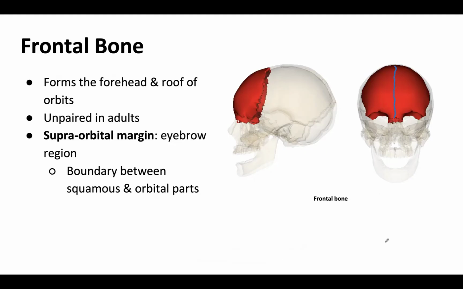The frontal bone also is going to form the roof of the orbit, and the margin right above the orbit is called the supraorbital margin. And this margin can be built up in certain individuals, forming an almost shelf-like appearance, and it's just deep to about where the eyebrows are.